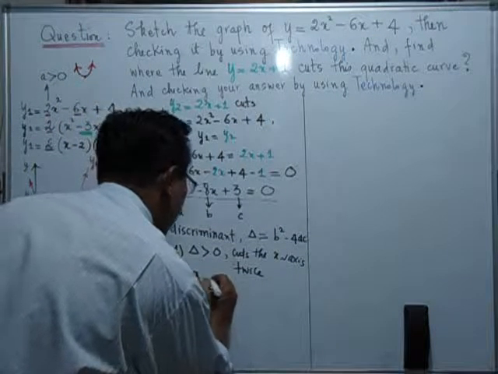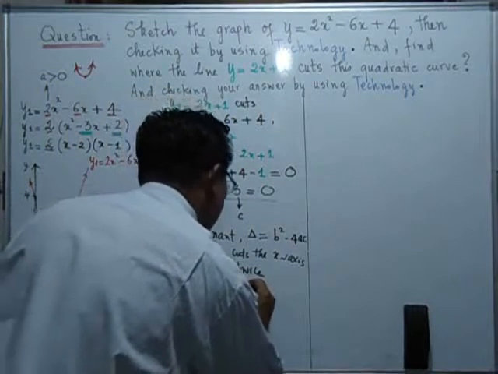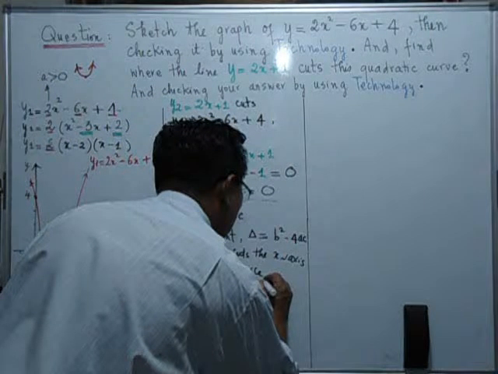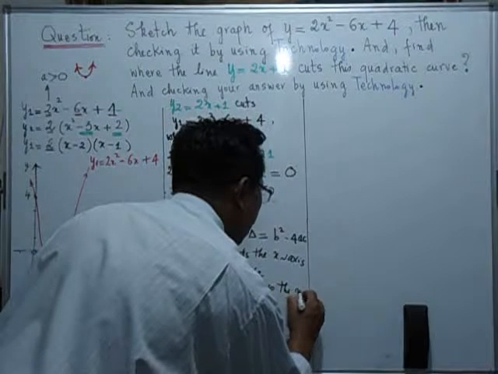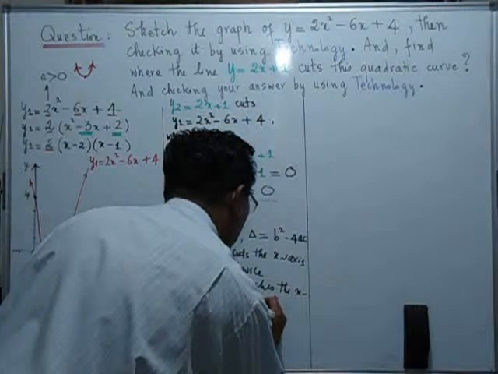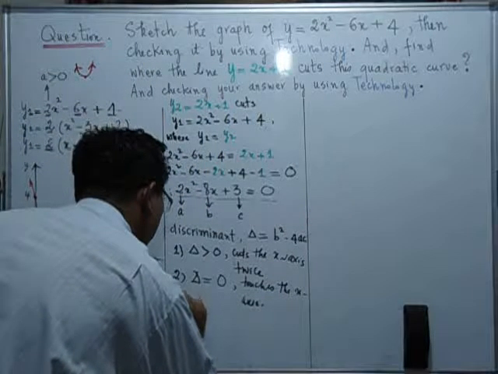When delta equals 0, the graph touches the axis. 3.